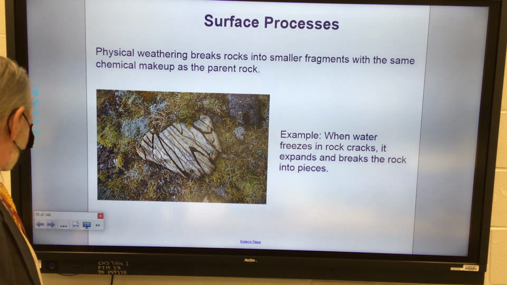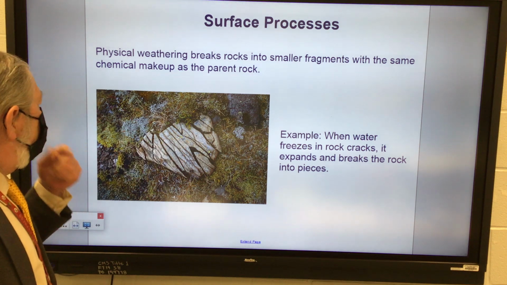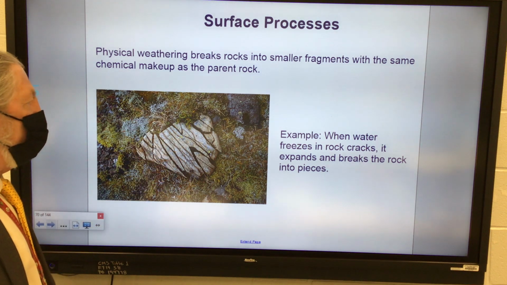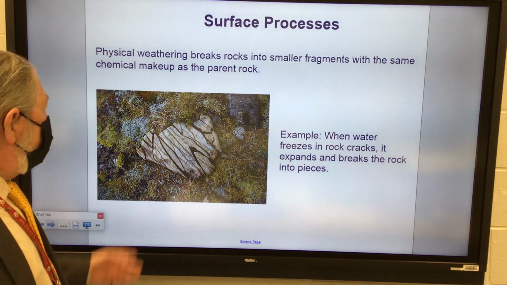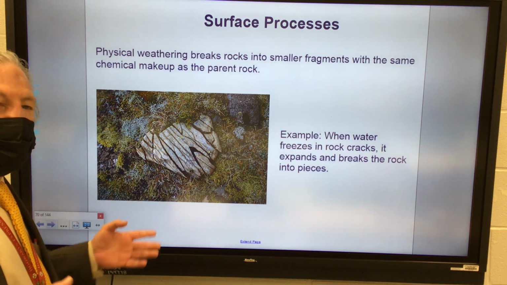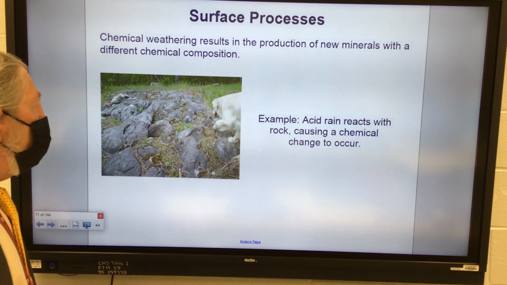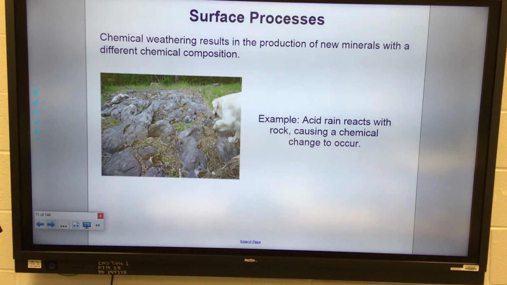Okay. So physical weathering breaks rock into smaller fragments with the same chemical makeup. In other words, it's still the same rock, it's just been weathered over the years. Constant freezing and expanding, and so on, that's physical weathering. And then chemical weathering results in the production of new minerals with a different chemical composition.